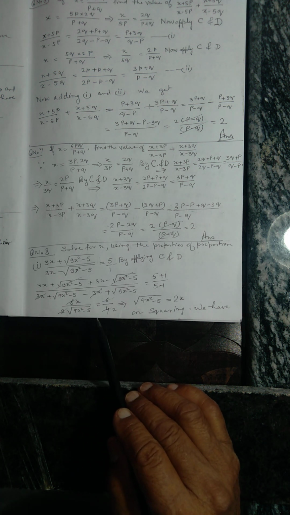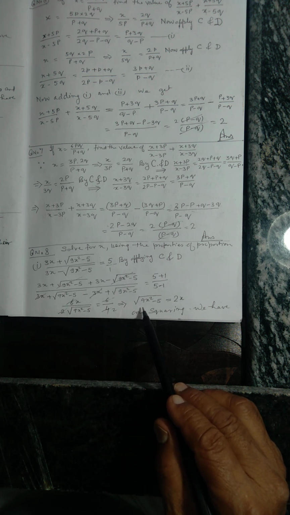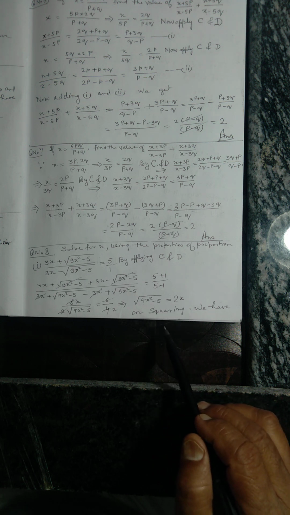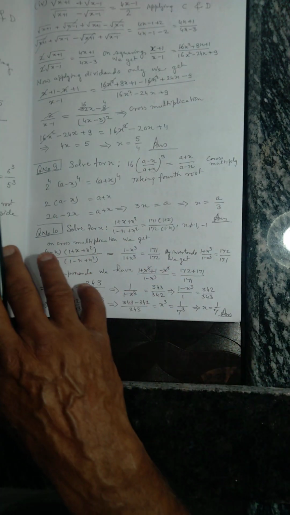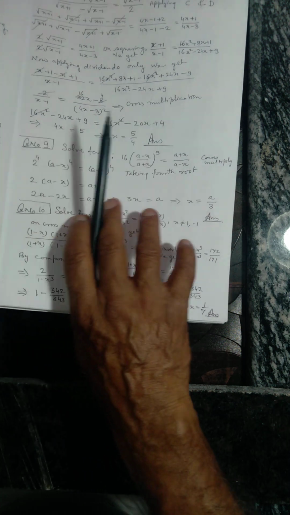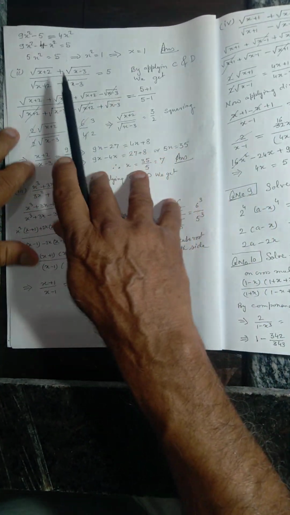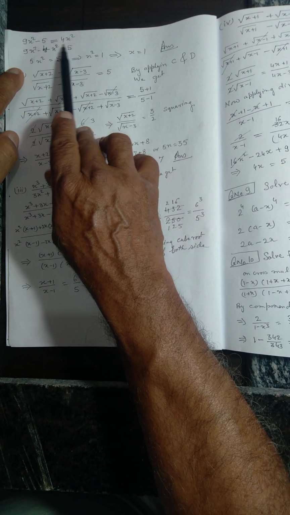So cross multiply it, we will get root of 9x square minus 5 is equal to 2x. On squaring, we have 9x square minus 5 equal to 4x square.